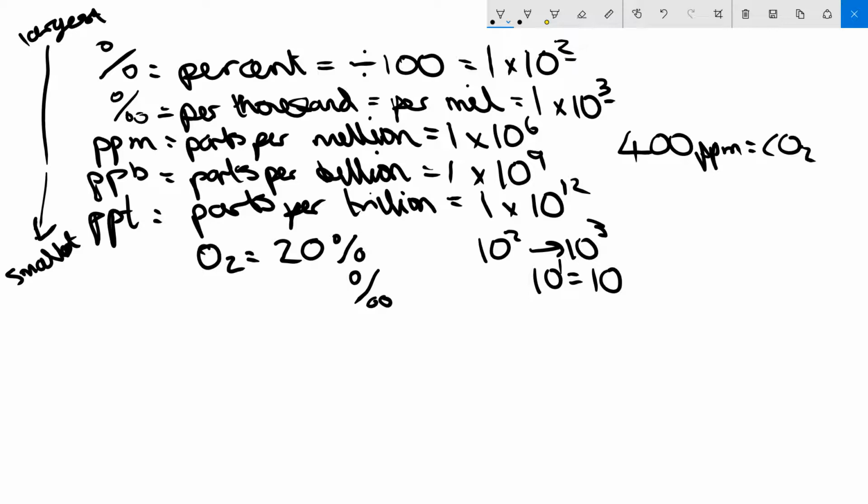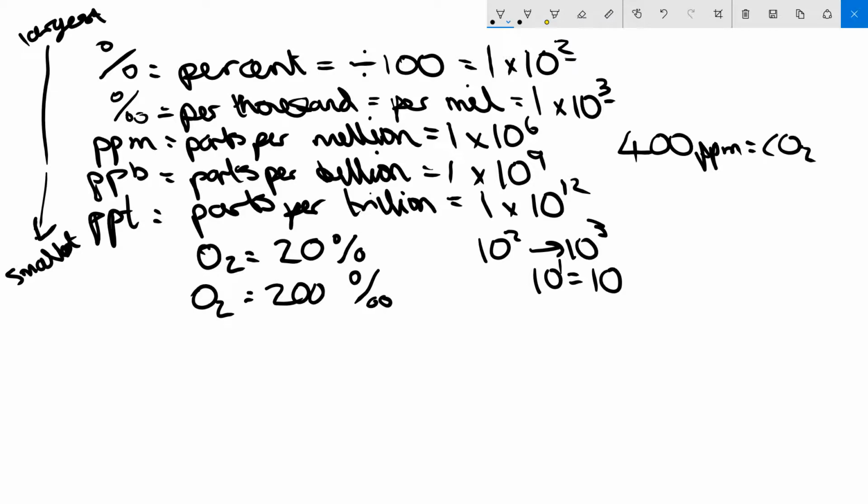So I just have to times this number by 10, which is 200. So there is 200 per mil of oxygen in the atmosphere. And this makes sense because 20 over 100 becomes 1/5, and 200 over 1,000 is also 1/5.